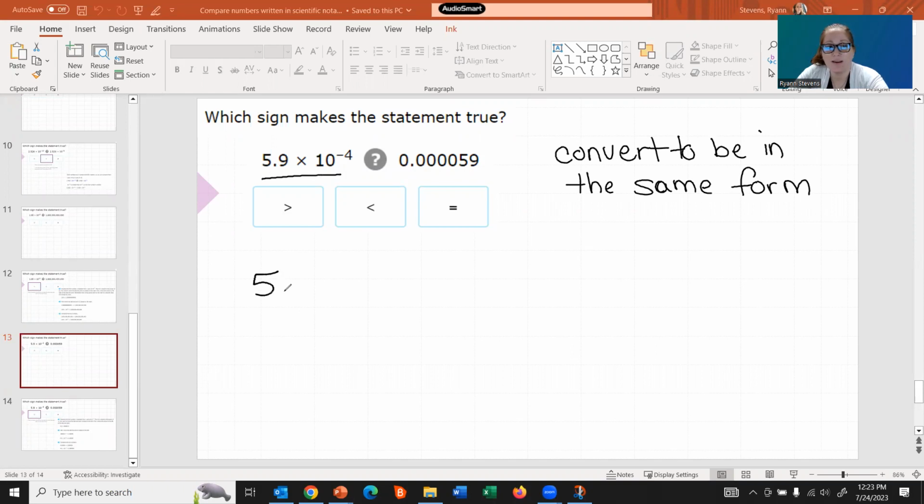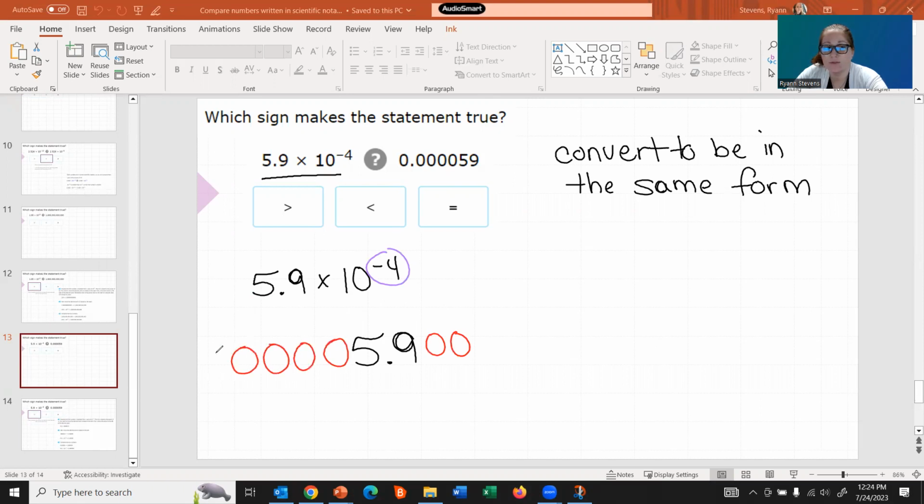So 5.9 times 10 to the negative 4th power. That negative 4th power is going to tell us how many places we're going to move the decimal. So I'm going to say 5.9. Now it's important to notice that this is a negative exponent. And so before we added our zeros on this side, but since this is negative, we're actually going to be moving the decimal in the other direction.